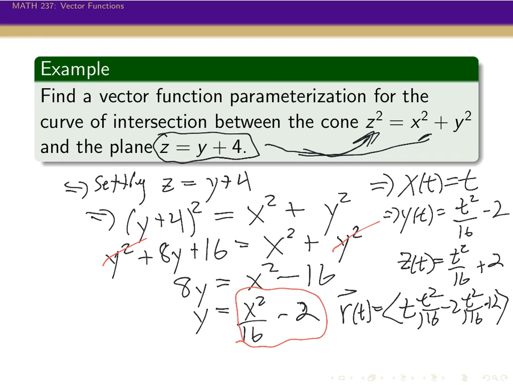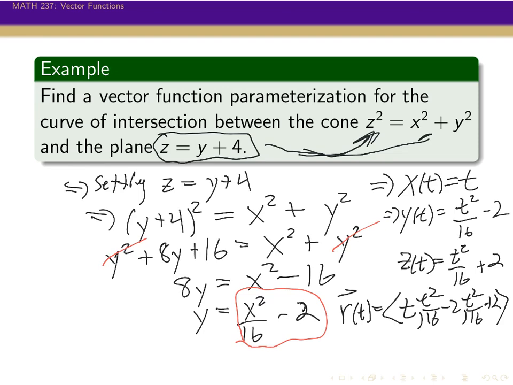And also this is what's called a conic section. It's a plane cut through a cone. And conic sections are either circles, ellipses, hyperbolas, or parabolas. And this is definitely not a circle, an ellipse, or a hyperbola, so it must be a parabola.